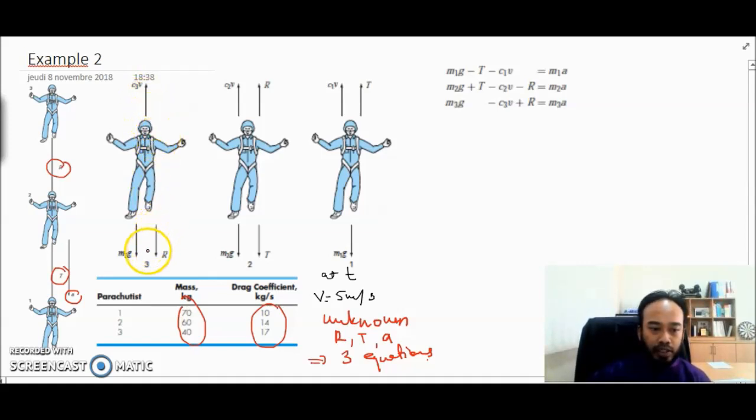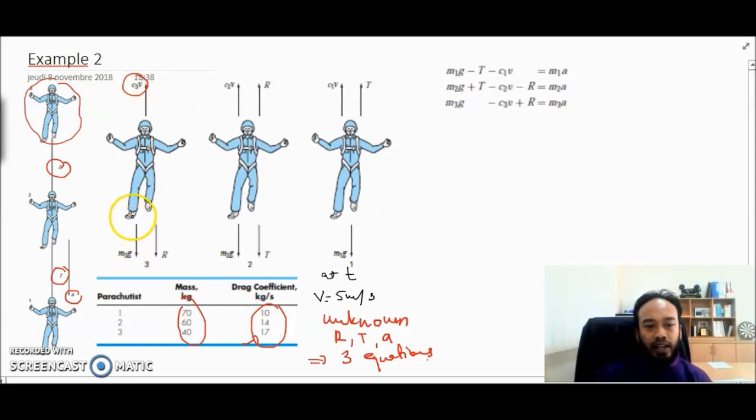For example, in body number 3, the body on the top of the acrobatic configuration, you have, of course, the drag force, which is equal to the speed multiplied by the drag coefficient. The speed is 5 meters per second. The drag coefficient is written over here for parachutist number 3, 17. So this is known.